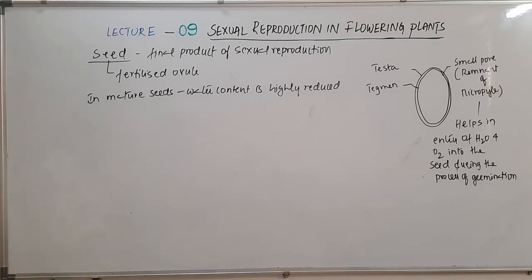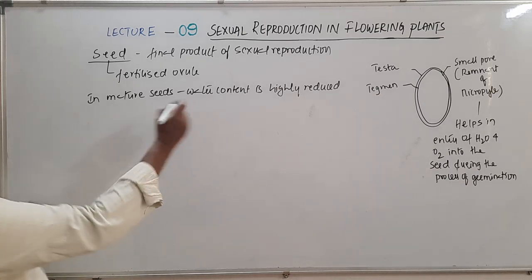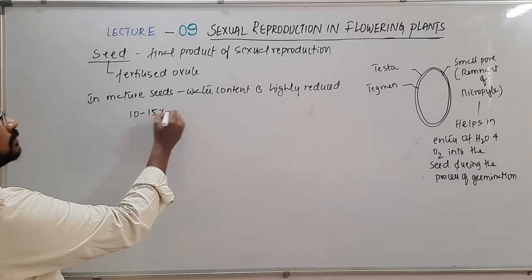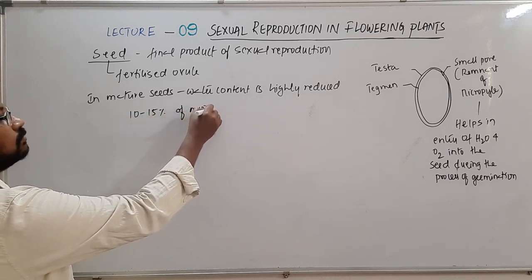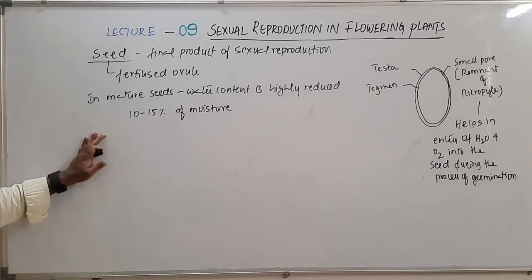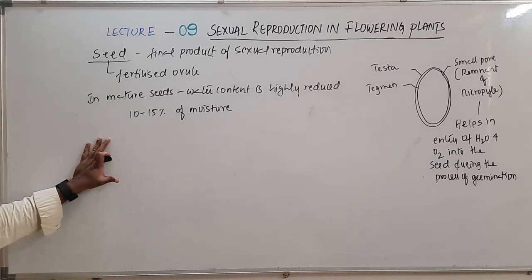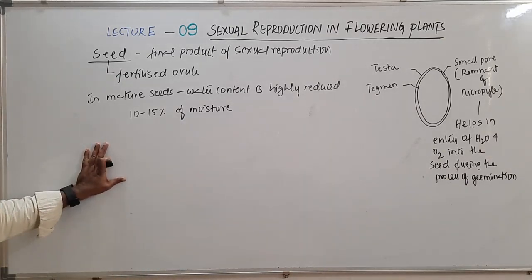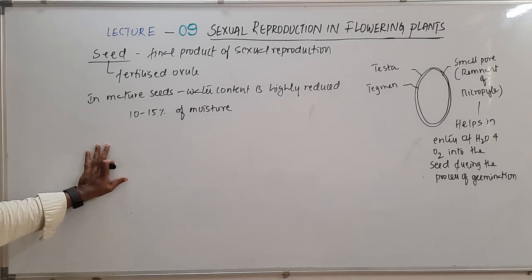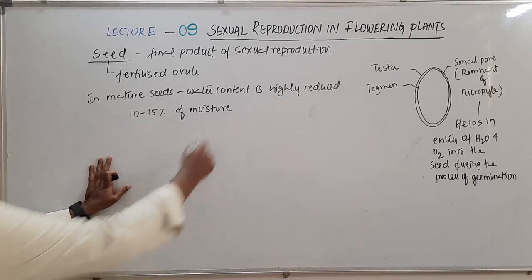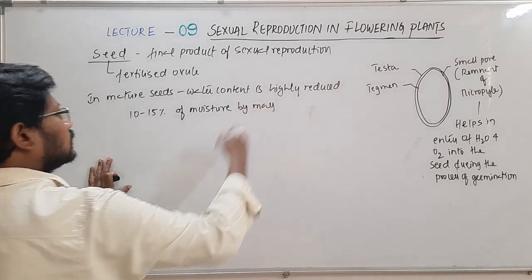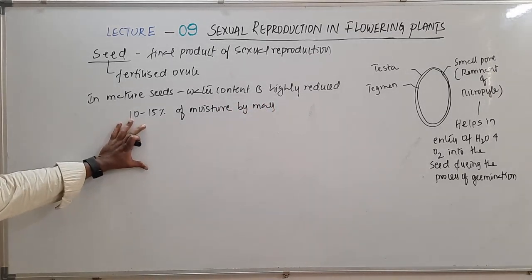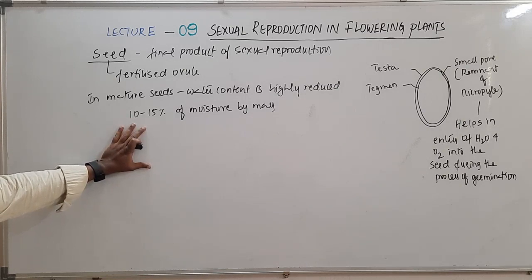The amount of water present in that seed is around 10 to 15% moisture by mass, even after the maturation of the seed.